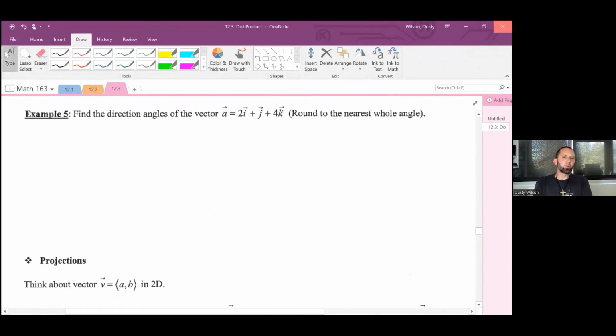Example 5. Find the direction angles of the vector A equal to 2i plus j plus 4k.